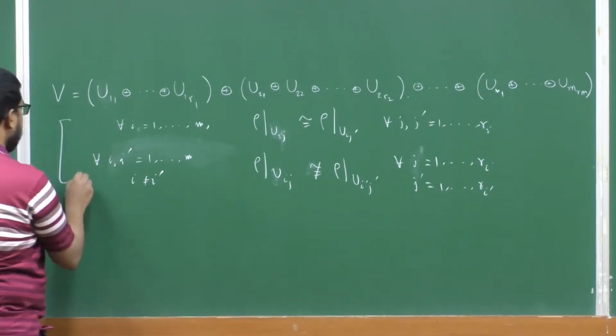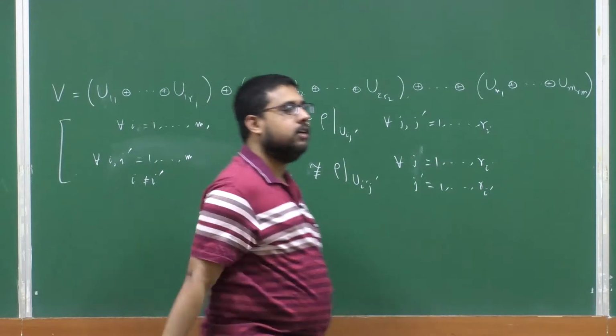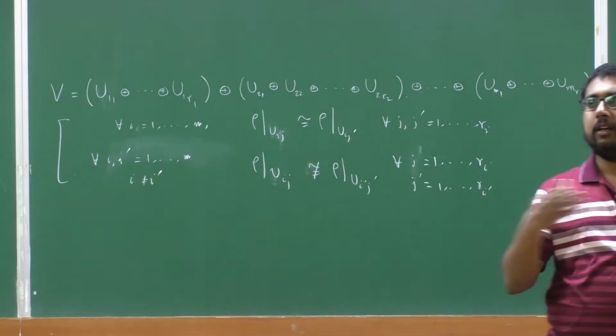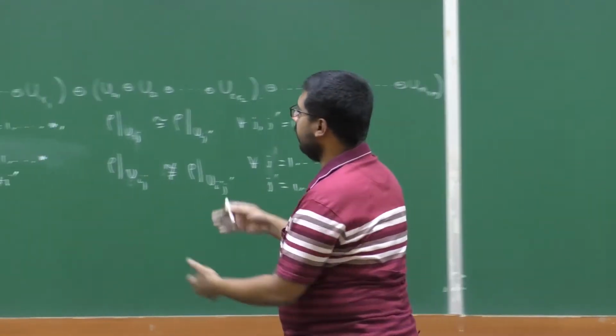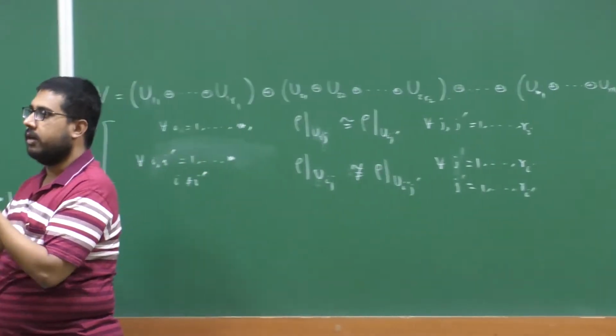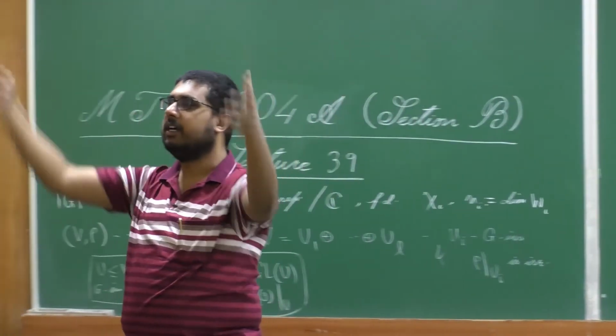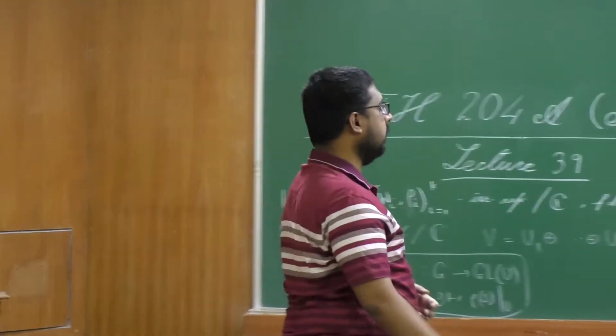This just says that we have clubbed together the summands for which the subrepresentations are isomorphic.